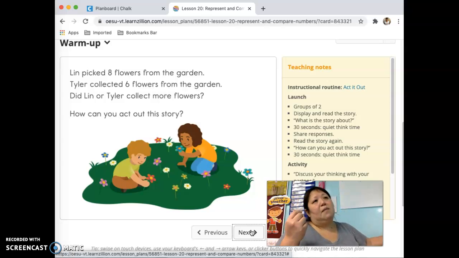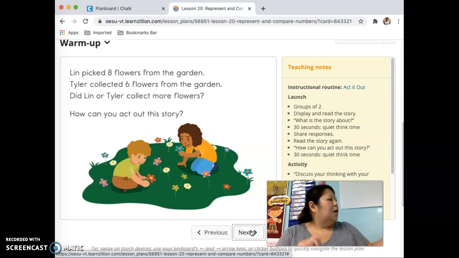We talked about making a picture to show our 8 and our 6 to show which one had more. We talked also about using manipulatives to show. So you might have 6 cubes on one side and 8 counters on the other, so you could tell who had more. So those are some of the things that we discussed today.